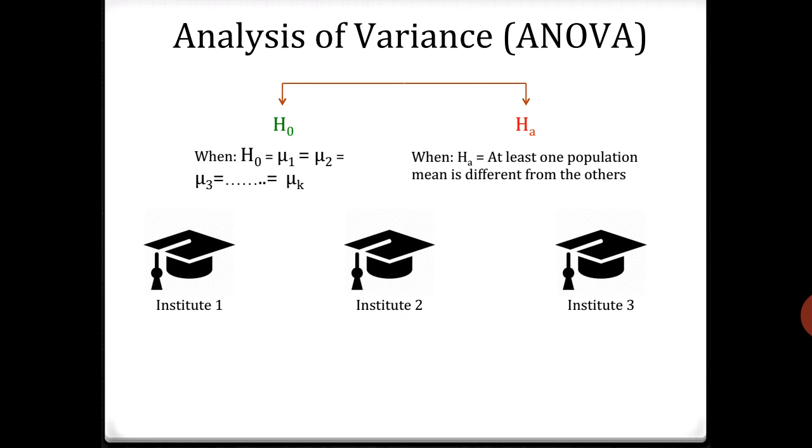In the second institute we again have 2000 students, and Institute 3 has more than that, let's say 2200 students. Let the mean population of Institute 1 be mu1, the mean population of Institute 2 be mu2, and the mean population of Institute 3 be mu3.